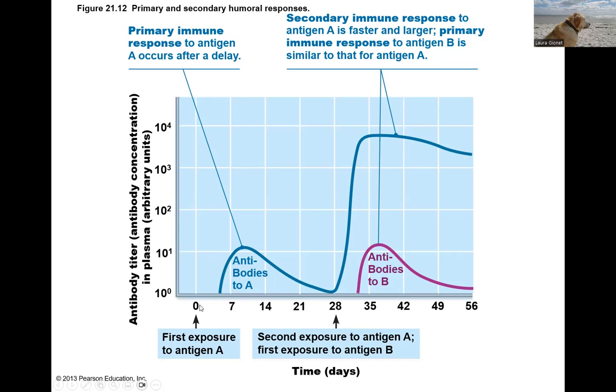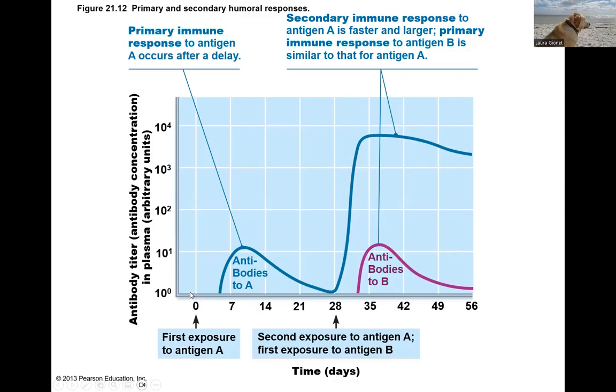On the horizontal axis, we have day 0, 1 week, 2 weeks, 3 weeks, 28 days, 35, and so forth. And on the vertical y-axis is the antibody titer, the antibody concentration, the number of antibodies you're making, or you can make. So they're saying, okay, let's say in blue, we have our first exposure and the arrow is pointing to day 0.